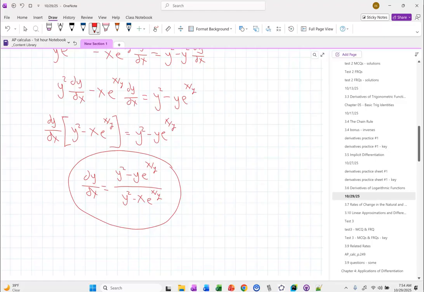And that should be my final answer there. Can I do any reducing on that? Probably would say no since I circled it.